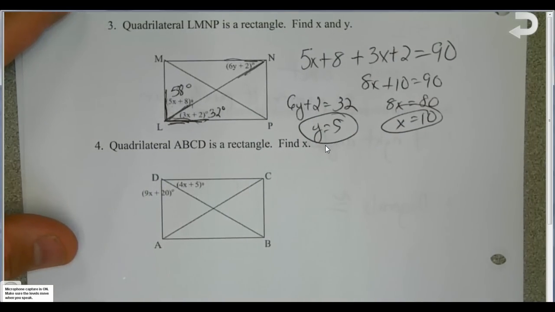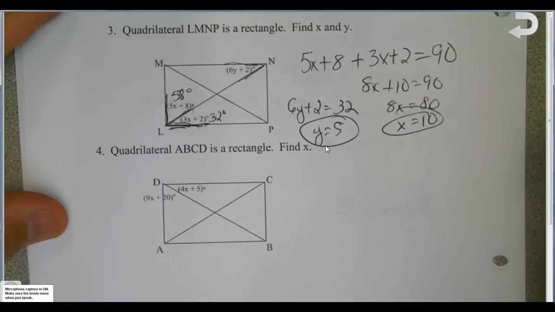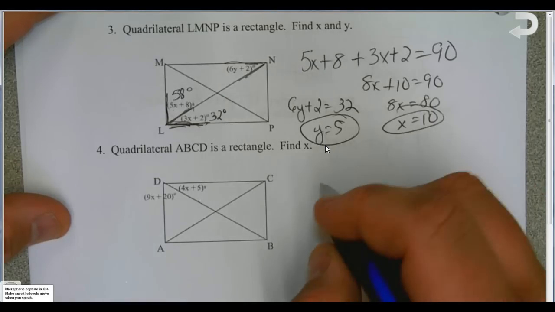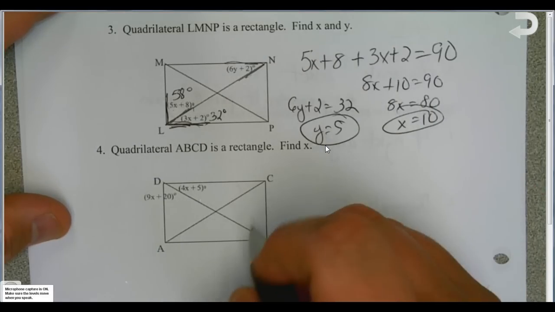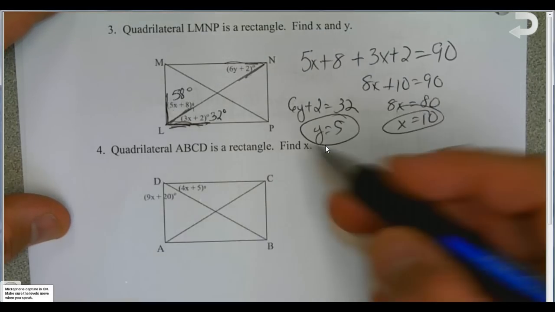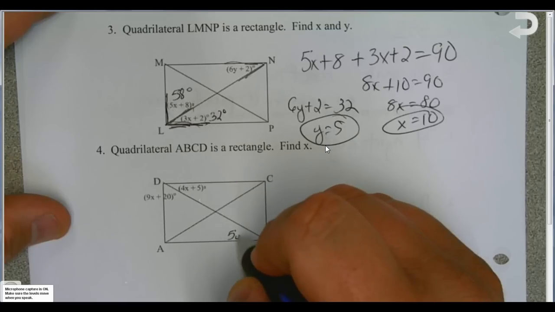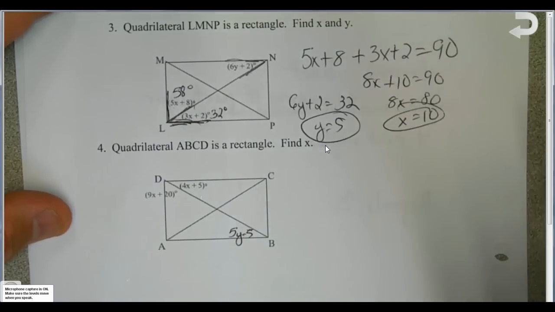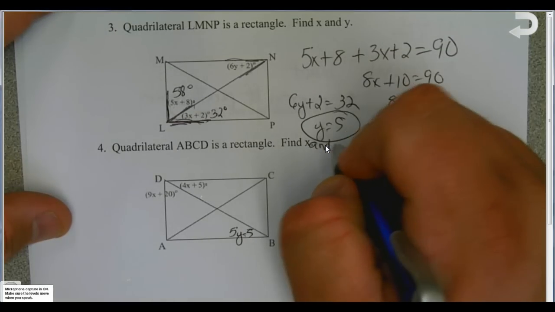I want you to go ahead and complete this problem that I've got down here, except I'm going to add in a little bit. I'm going to add in 5y minus 5 to this one down here. And so I do want you to find x and y.